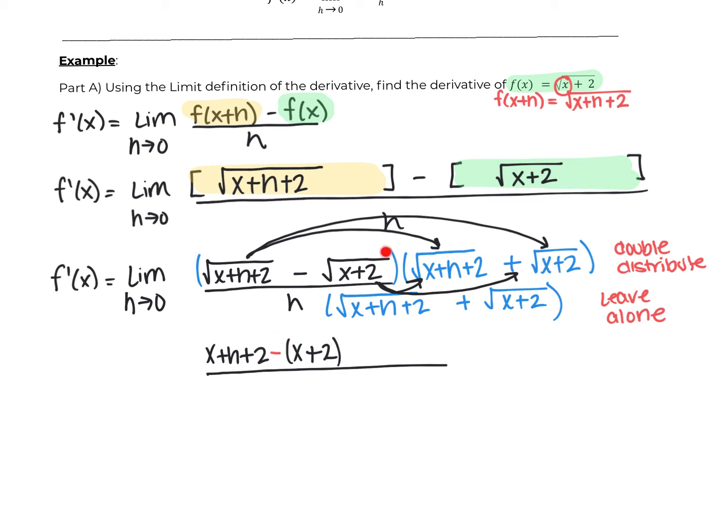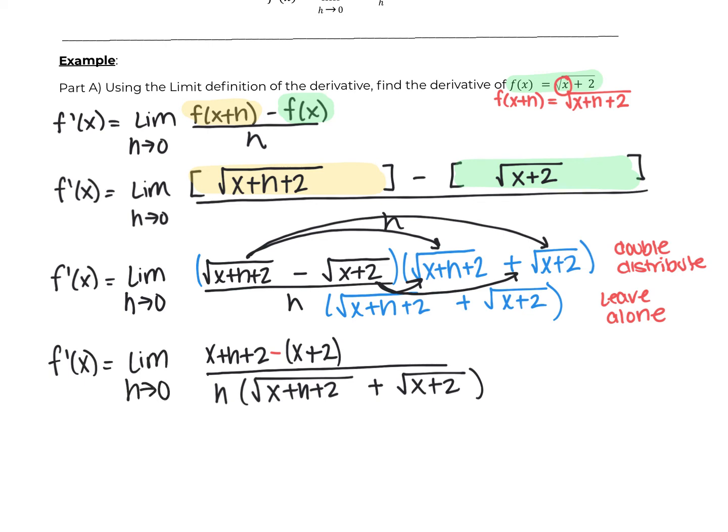So just to recap, radical x plus 2 times radical x plus 2 is x plus 2, but a negative times a positive is a negative. So again, we'll have to distribute. And we'll leave our denominator the same: h times rad x plus h plus 2 plus rad x plus 2. And we're going to keep following down our derivative as the limit as h approaches 0.